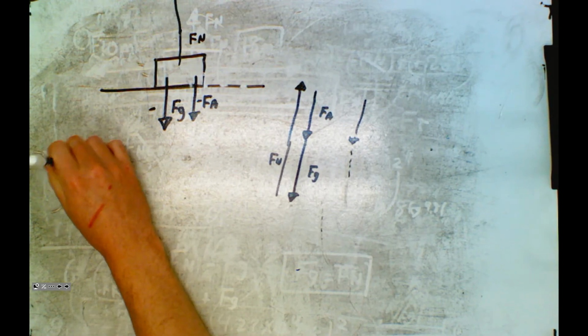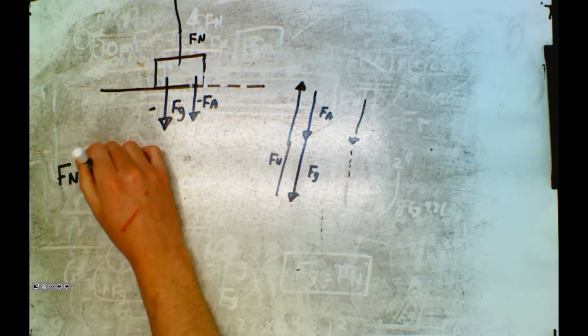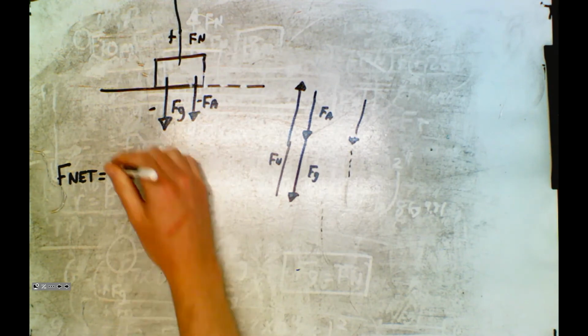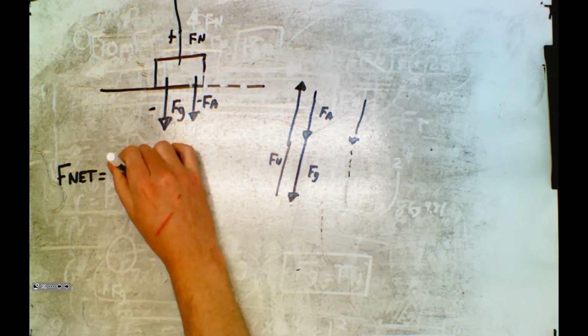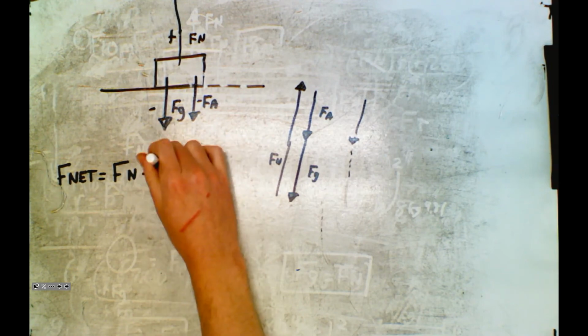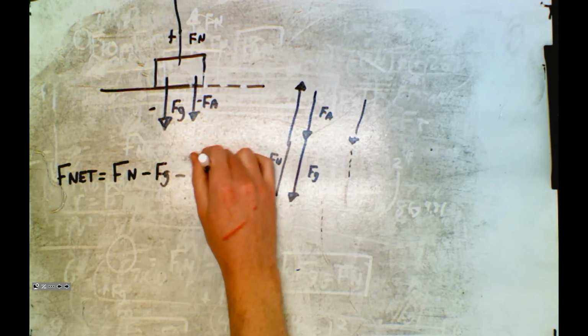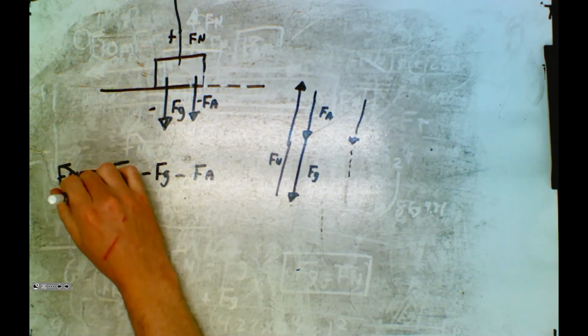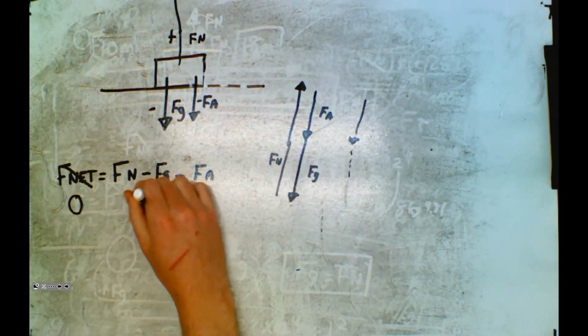So when we write our FNET equation, I'll say up is positive, down is negative. So we have this positive force normal, and instead of saying plus negative, I'll just go minus force of gravity, minus force applied, like this. Well, again, our FNET is 0. My dog isn't moving.